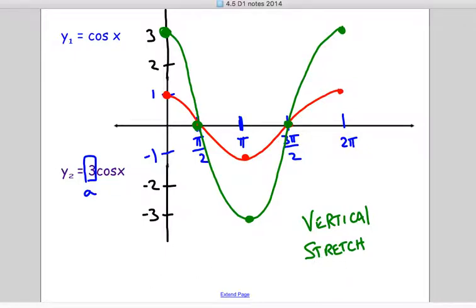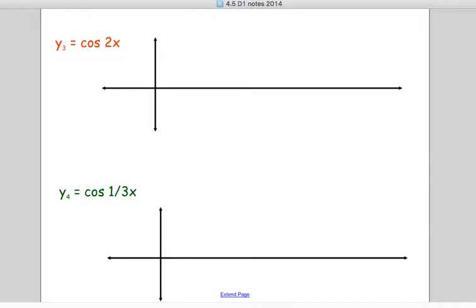Okay, let's look at another example. This time, I have a value in front of the x. That's the b value. That's responsible for changing the period. So in order to get the new period, you take 2 pi, because that would be a regular normal period, and you divide by the value of b.